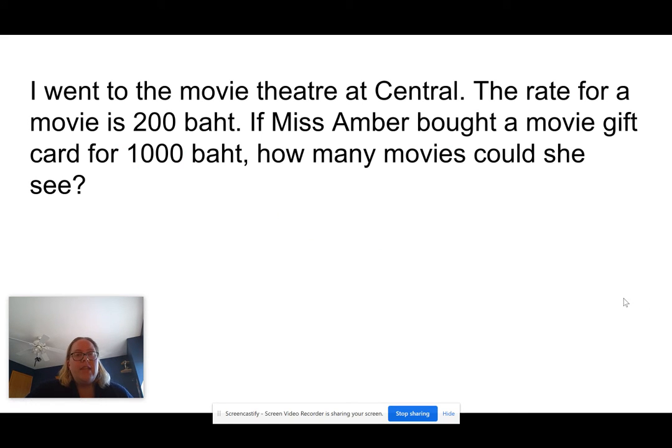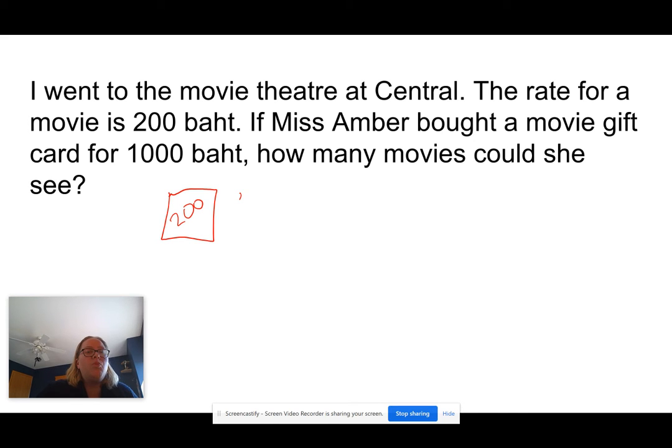I went to the movie theater at Central. The rate for a movie is 200 baht. If Miss Amber bought a movie gift card for 1,000 baht, how many movies could she see? Here I'm going to just draw a box to represent the movie. Each movie is 200.